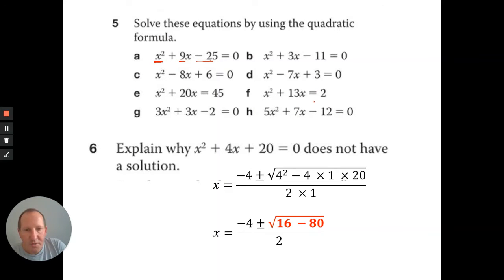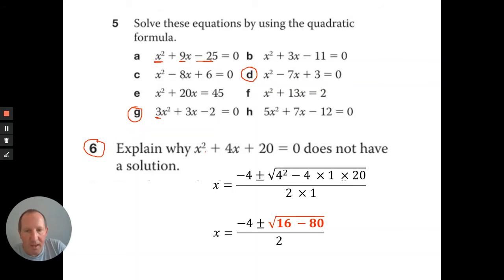I'm going to do two examples once I've done the question at the bottom, and I'll do G because it's got one where a is not 1, and I'll start with D as well. So I'll do those two for you in a minute on the camera, but I just want to talk about this sort of question.